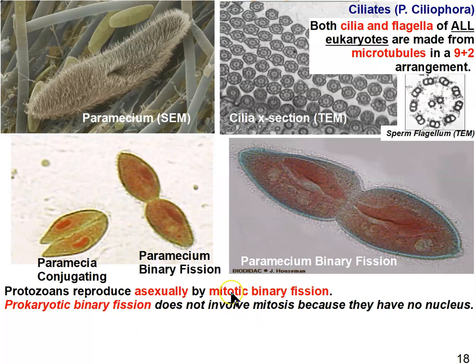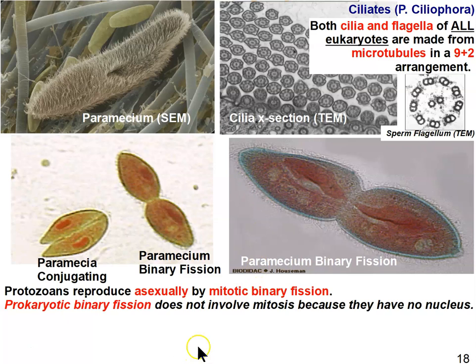Mitosis is not involved. Mitosis being the division of the nucleus. Well, if there is no nucleus, then there's no need to divide the nucleus, and prokaryotes don't have a nucleus. So they do copy their DNA before they divide, but they don't have to divide a nucleus because they don't have one. But protozoans do.